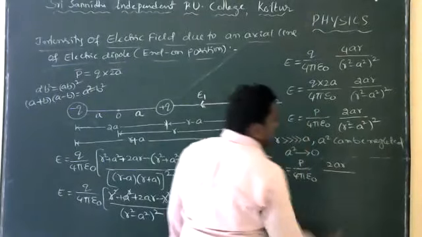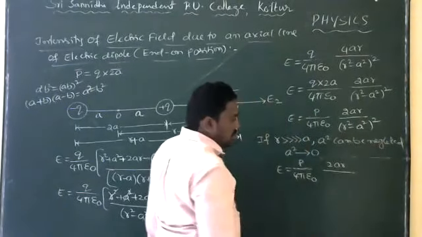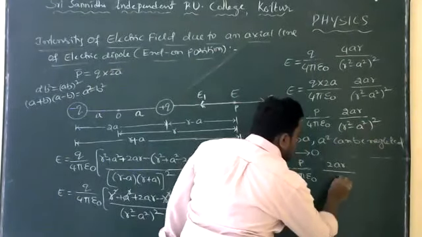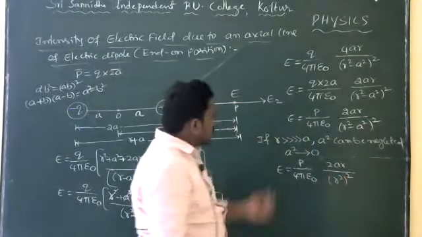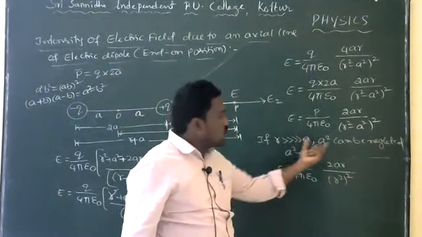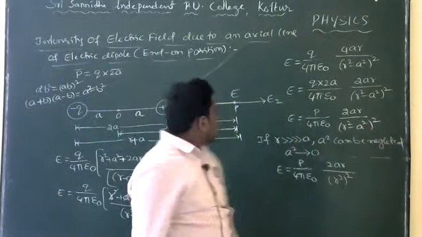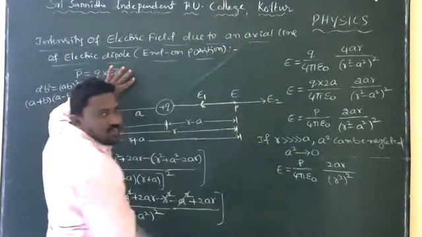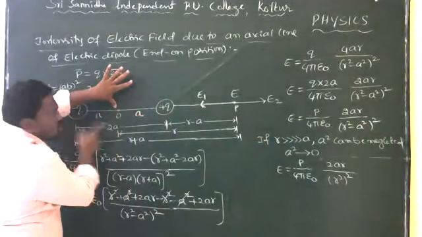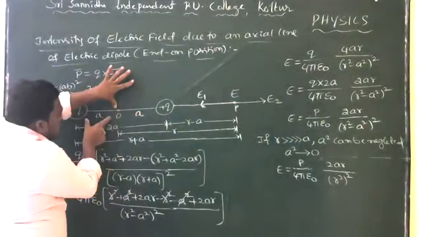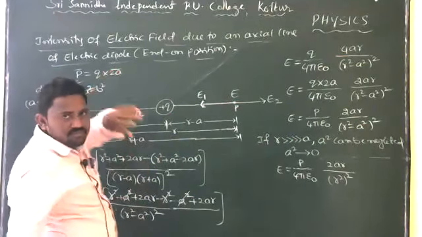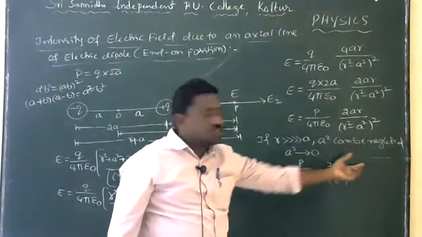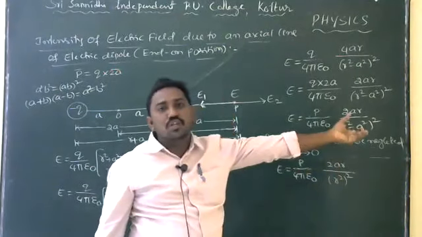2AR divided by, now we neglected the A² value because A² tends to 0, so the remaining is (R²) whole squared. The point is, if R is very greater than A, then A² can be neglected. The distance from the center of the dipole to point P is always large compared to the distance from the center to any one charge, so A is very small compared to R. Therefore A² tends to 0.